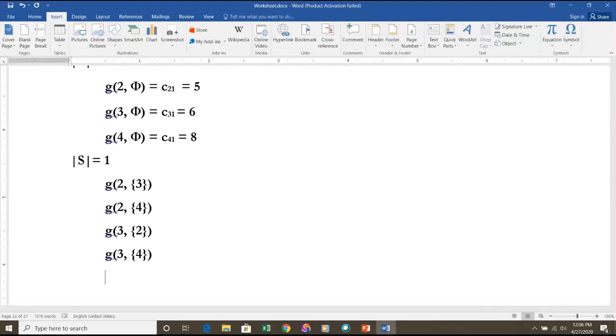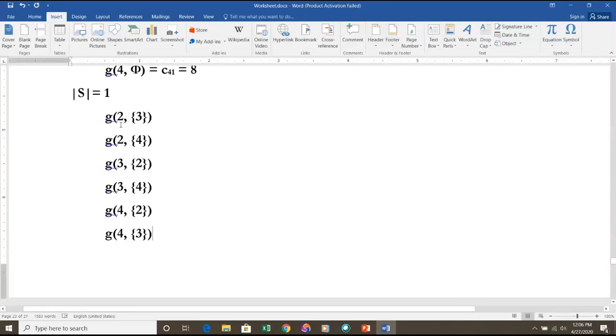One more option is you can start from 4. Because we are considering only one vertex in S, the cardinality of S is 1. G of 4 comma, it can reach 3. Starting vertex is 2, it can reach either 3 or 4.